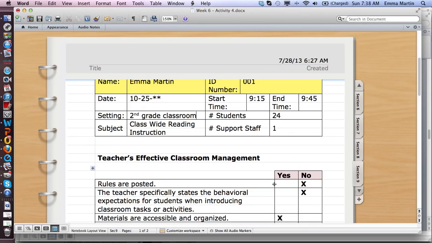And so we had 24 students, we had 1 additional support staff in the classroom, and this was happening during reading instruction.